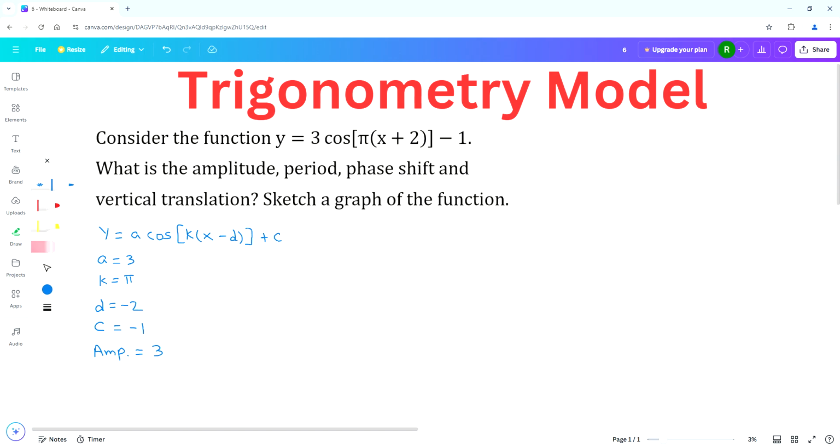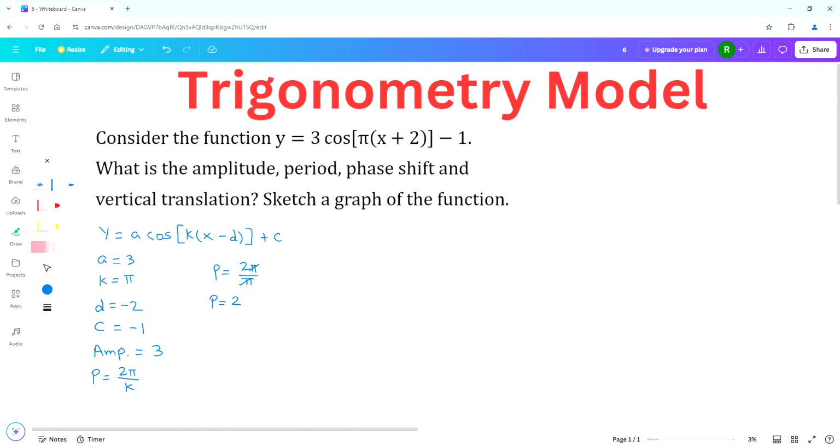For period, we can use the formula period equals 2 pi over K. K is equal to pi. We can cancel out the pi's. So period is equal to 2 units.